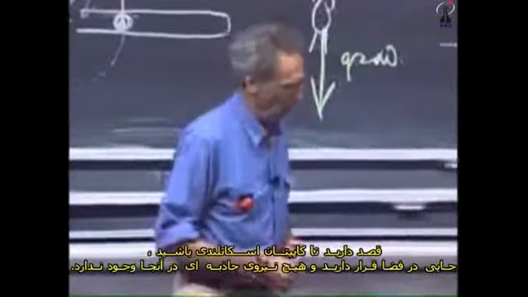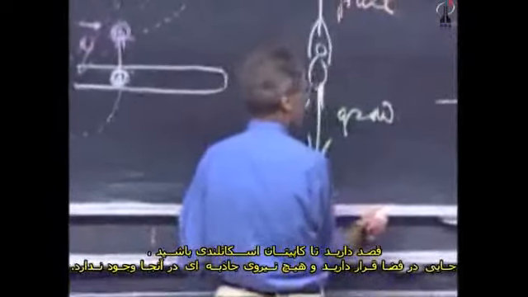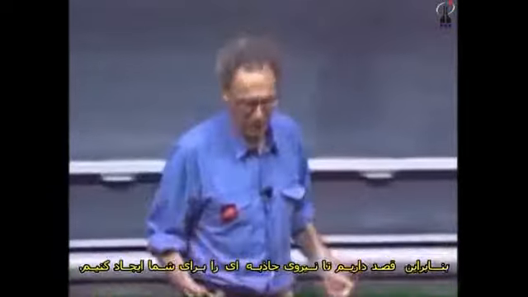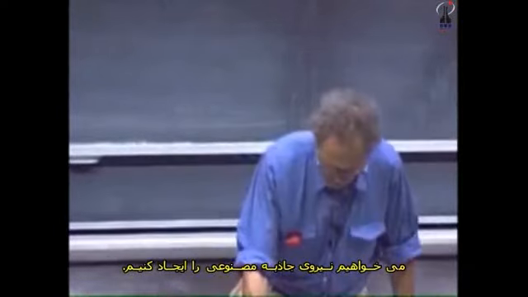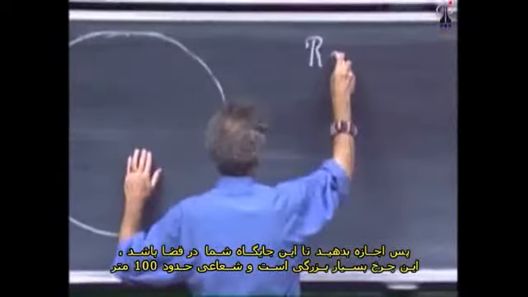Now, you're in outer space. You're going to play Captain Kirk. And you're in a space station, and there is no gravity. So we're going to make some gravity for you. We're going to create some artificial gravity. So let this be your space station. It's a big wheel, a radius of about 100 meters.